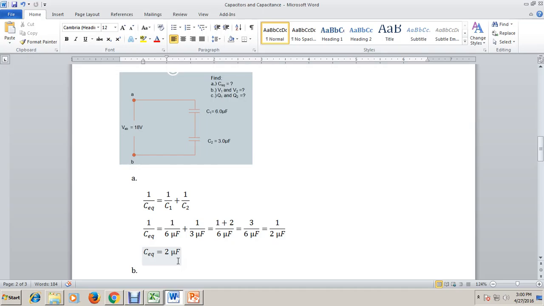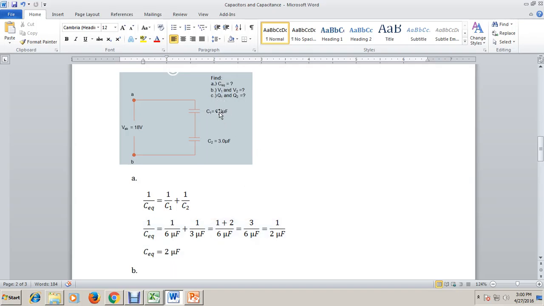Of course, 6 microfarads is 6 times 10 to the negative 6, 3 microfarads is 3 times 10 to the negative 6, and 2 microfarads is 2 times 10 to the negative 6. So among these three, 6 microfarads is the greatest value, and 2 would be the least.